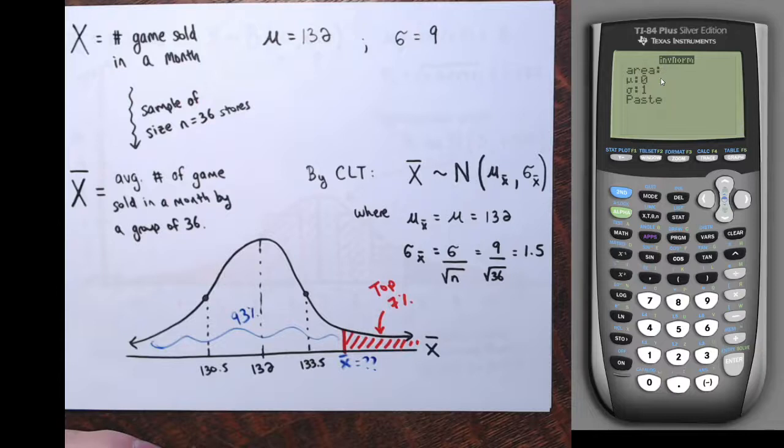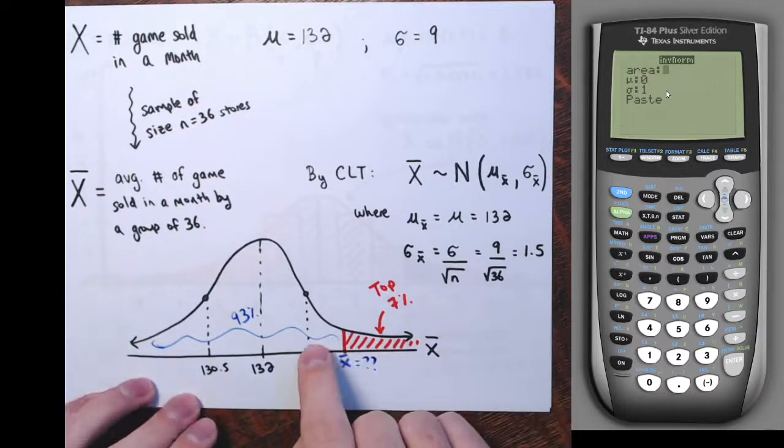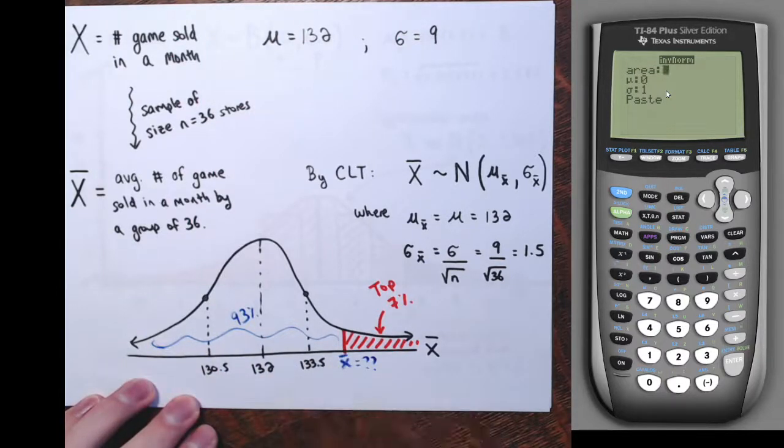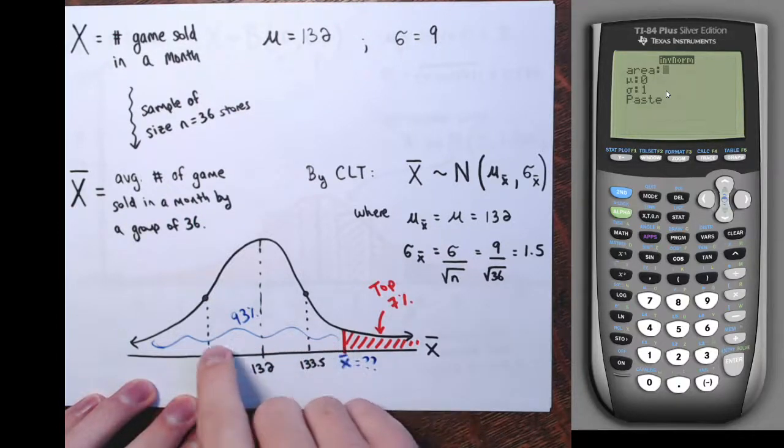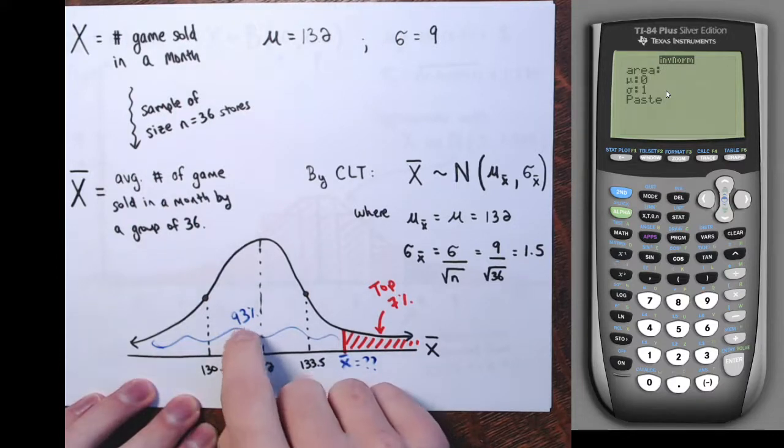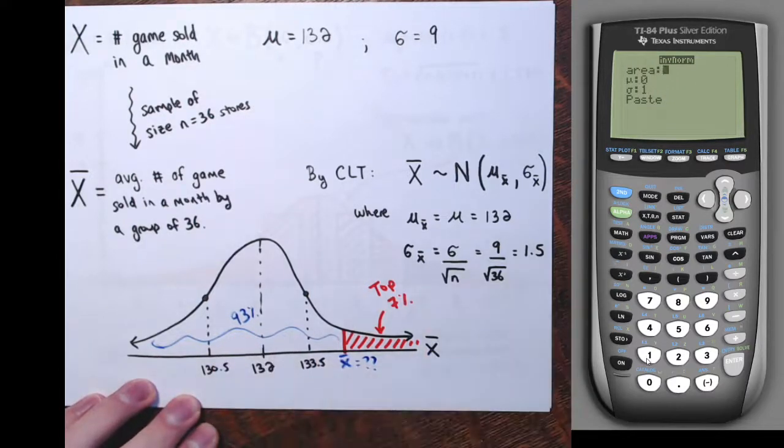Now remember, this area is the area to the left of the value I want. So don't use 7%. The area entered in the calculator needs to be the area to the left, so that's 93%. So I'm going to enter 0.93. Don't enter 93. It's 93%, 0.93.